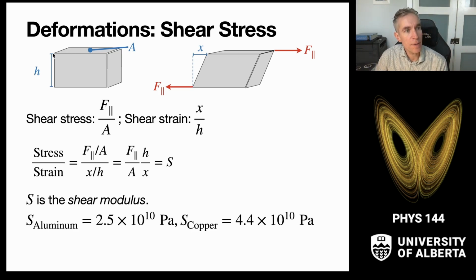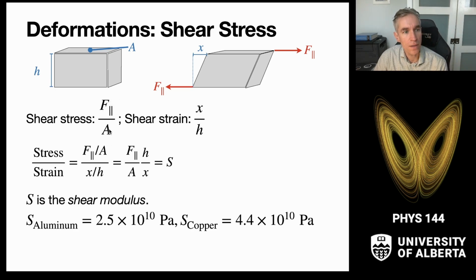And we think about this object as a surface area A on top and a height h, and the top is going to move by a position x if I pull on both sides with a shearing force, F parallel here. And so the shear stress we'll write down as a stress in terms of a pressure.